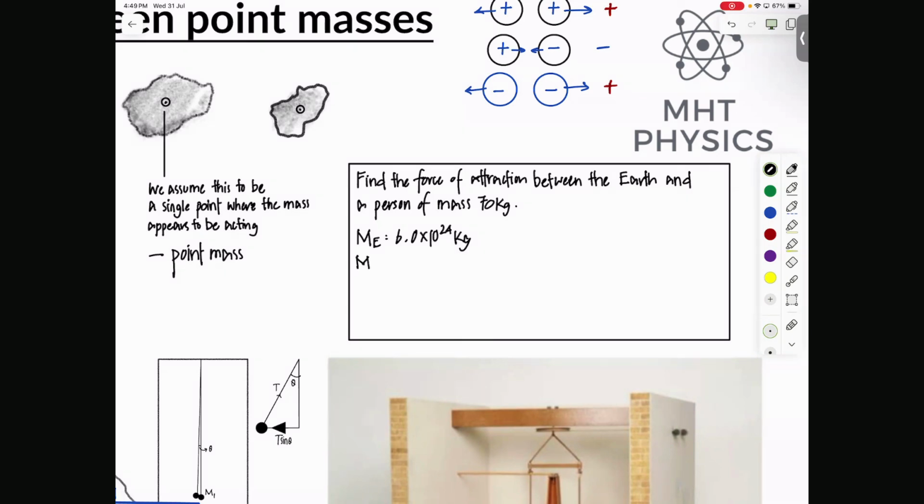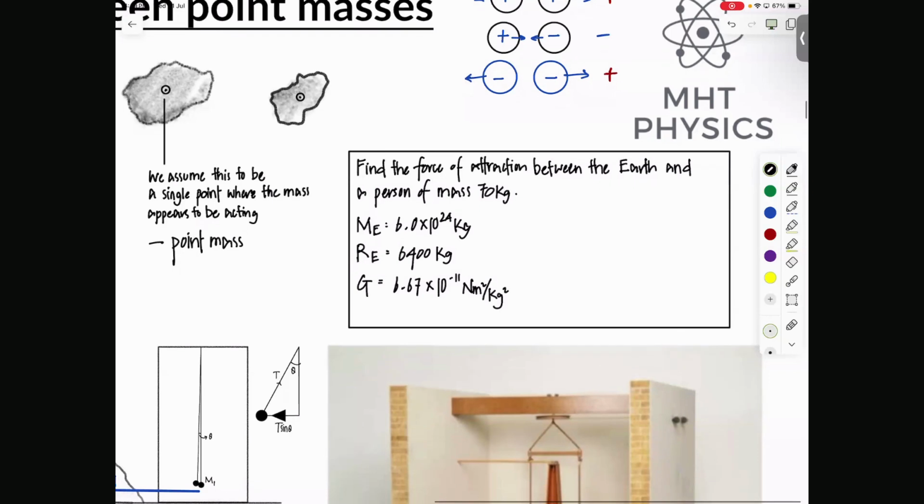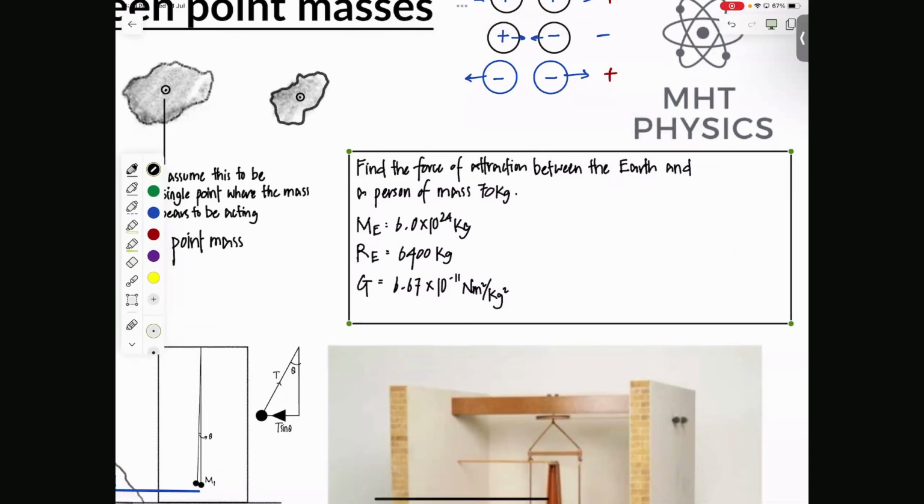Mass of person, 70 kg. Radius of Earth is 6,400 kilometers. G, universal gravitational constant, 6.67 into 10 to the power minus 11 Newton meter square per kg square. So find me what's the force of attraction between the Earth and the person.